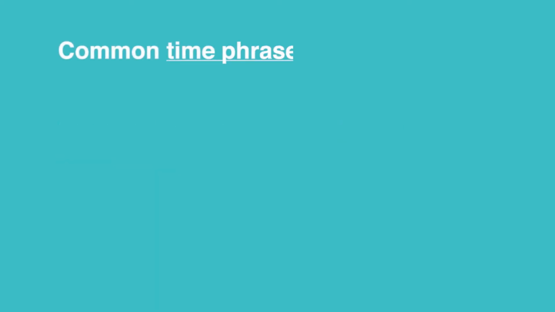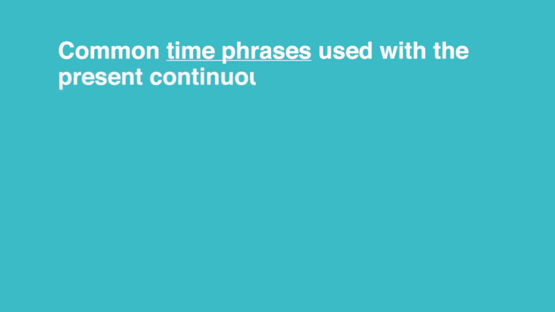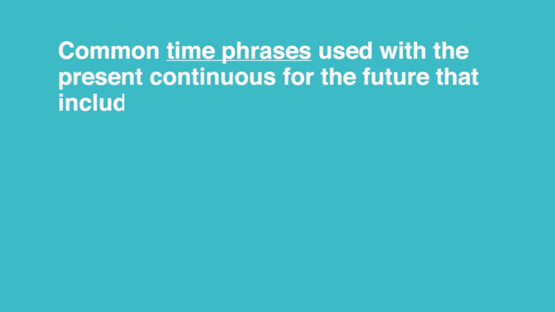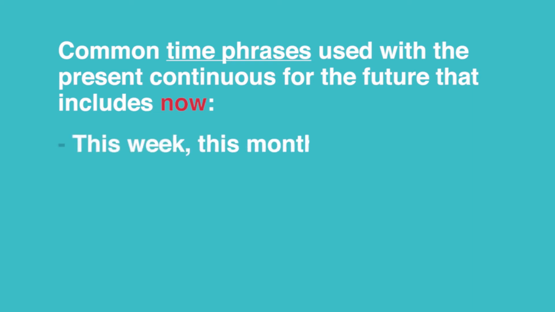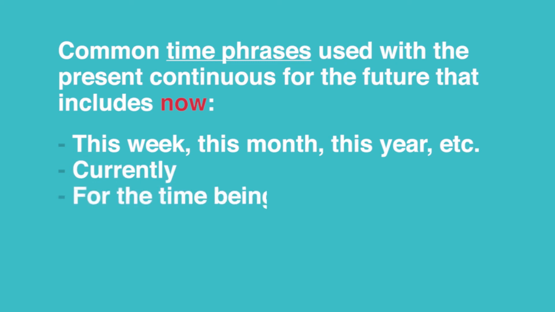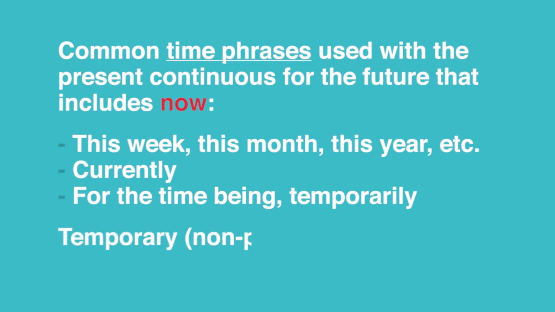We can use these time phrases for a time that refers to the future, but includes now. This week, this month, this year, currently, for the time being, temporarily. Basically any time period that is now, that is temporary or non-permanent, and will probably finish soon.